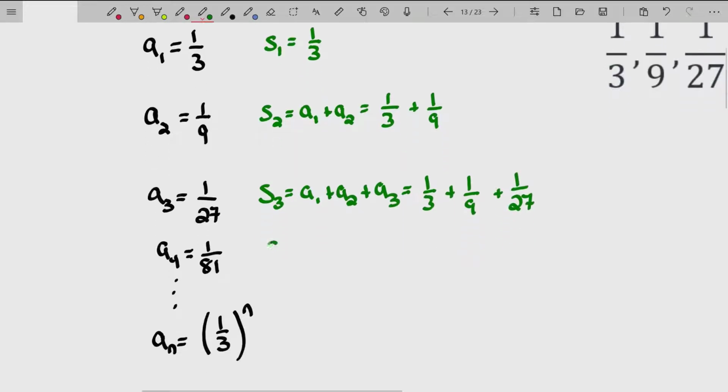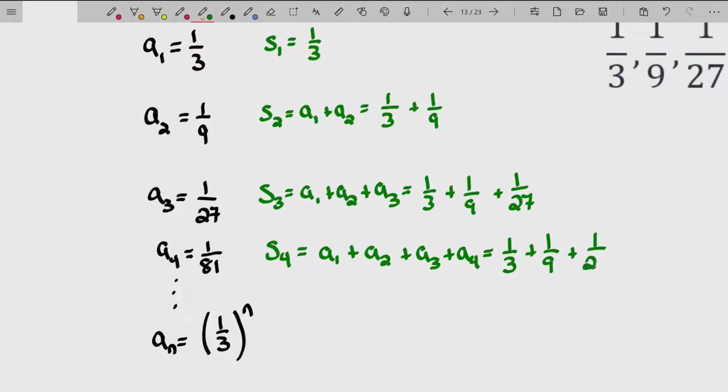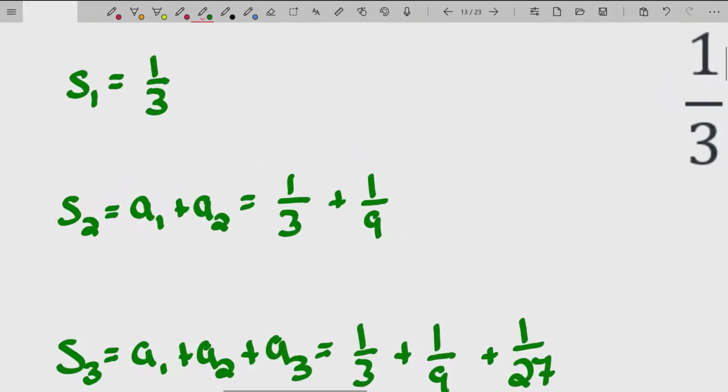And then finally, the fourth partial sum, which is A1 plus A2 plus A3 plus A4, which again is 1/3 plus 1/9 plus 1/27 plus 1/81. Now, when we try to get those glued together, if they don't glue together nicely, then finding the nth partial sum can be very difficult. Let's just see if there is a pattern now.